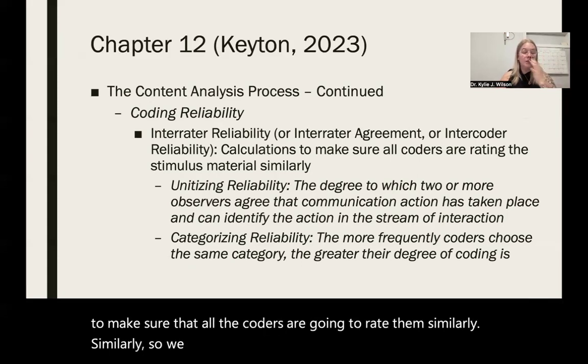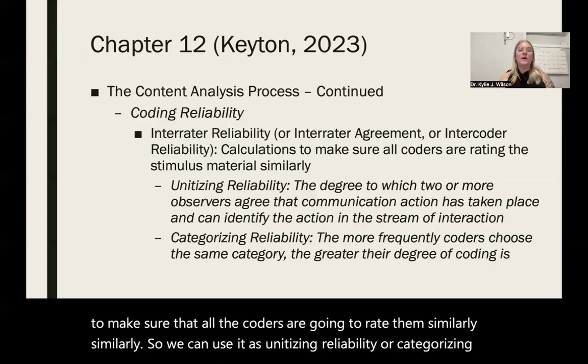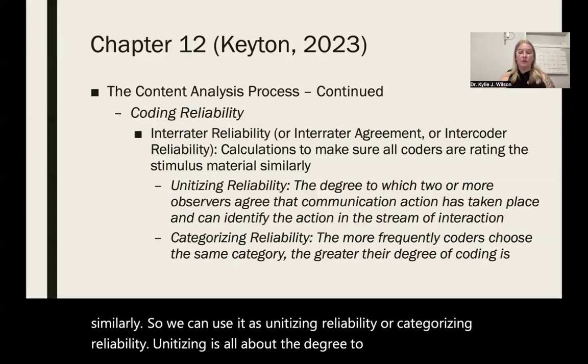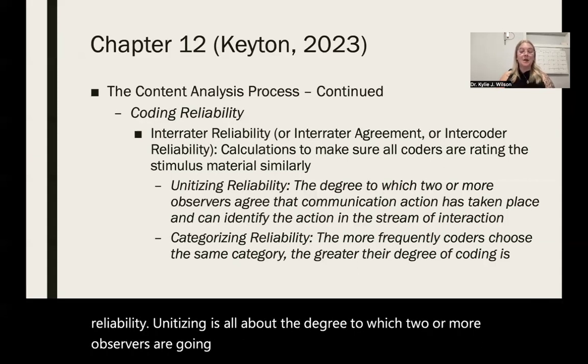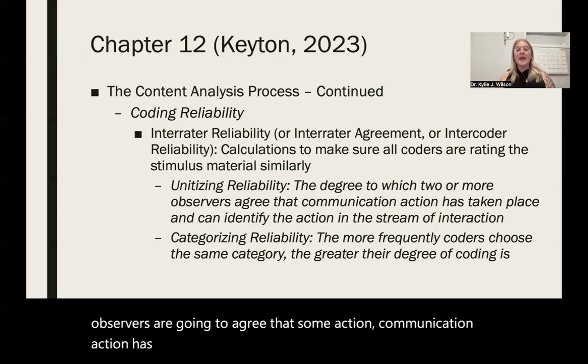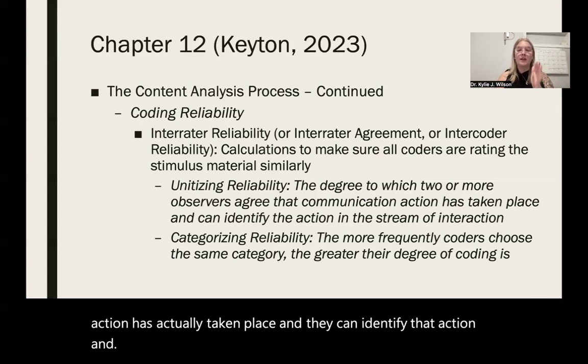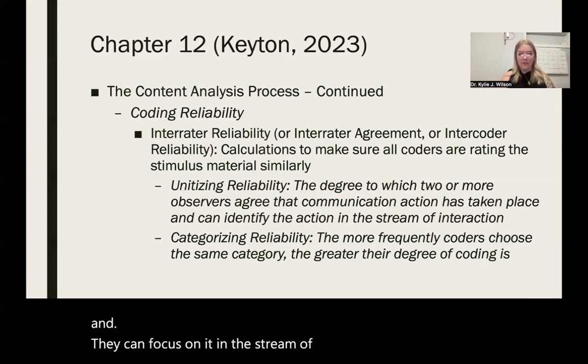So we can use it as unitizing reliability or categorizing reliability. Unitizing is all about the degree to which two or more observers agree that some communication action has actually taken place, and they can identify that action and focus on it in the stream of the interaction.